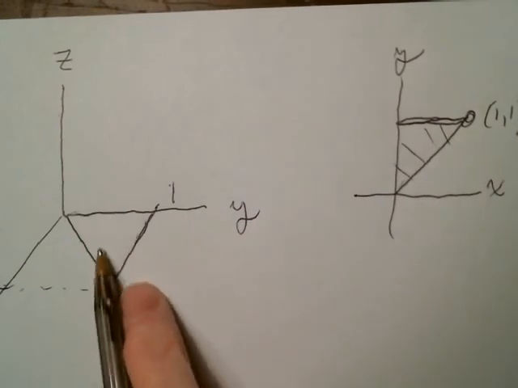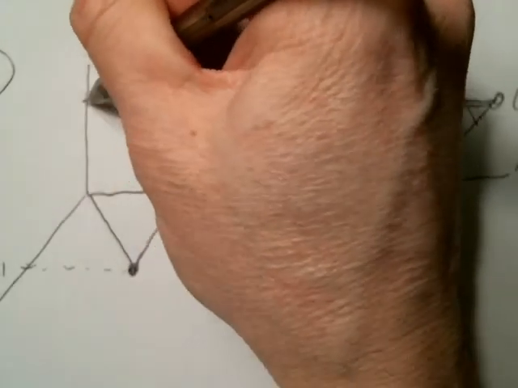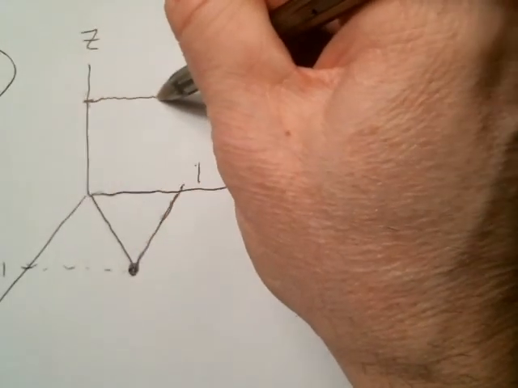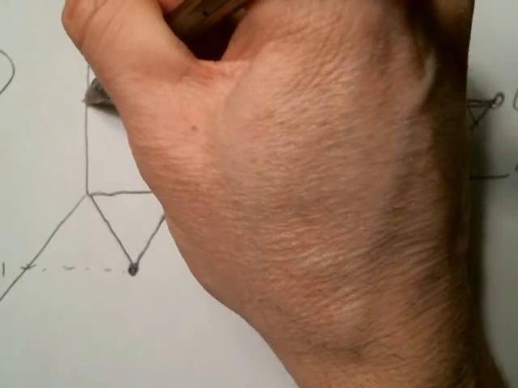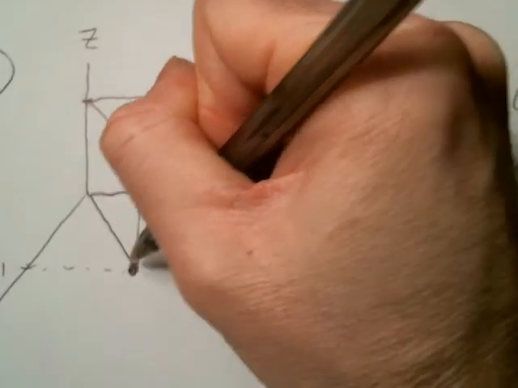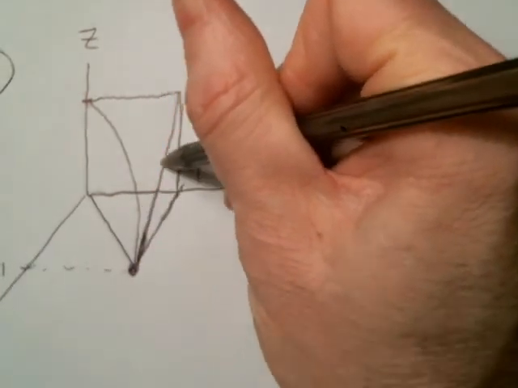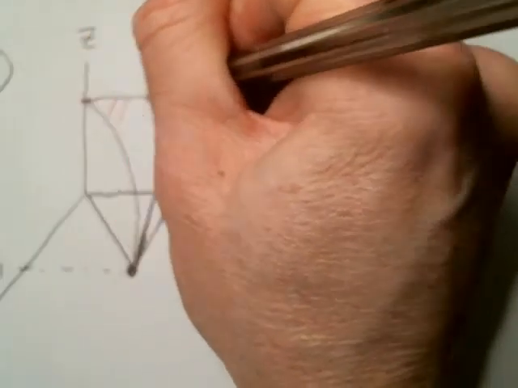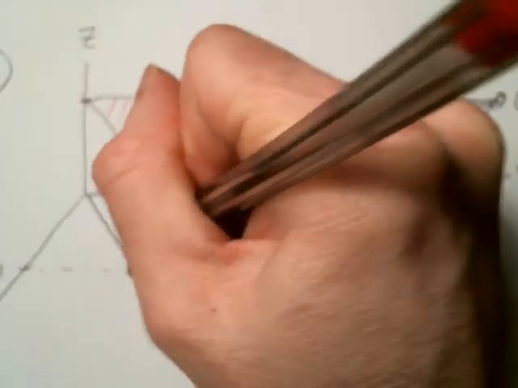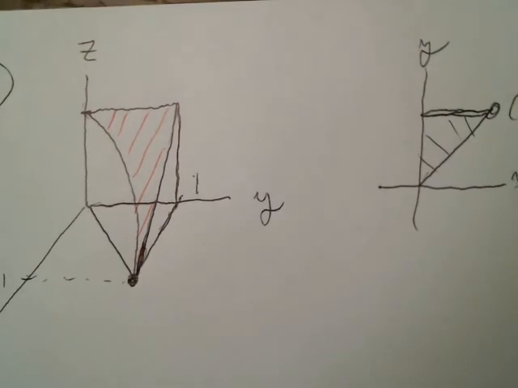Over top of that region, we have this surface, going from here to right here, and then coming down onto that point. Okay, so the surface is this thing, and we're integrating that over top of that triangle region.